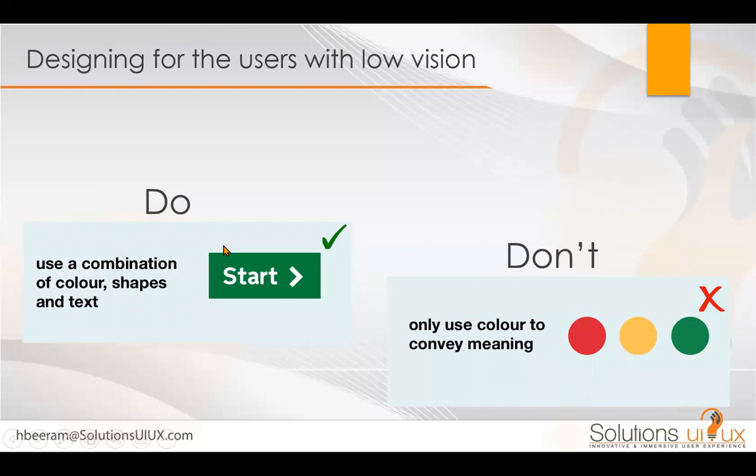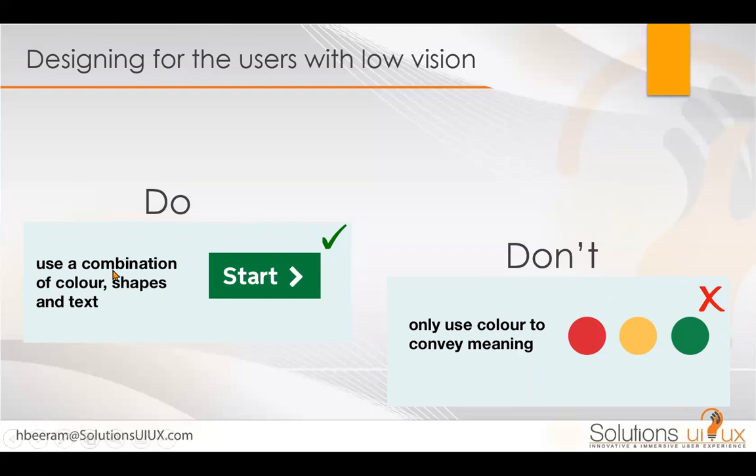Next, designing for users with low vision, in which we can use an icon, shapes and color. Using a combination of color, shape, and text, right? This is much more eye friendly, easy to understand. Sometimes they don't even have to read the text. They can just rely on the icon. It's going to the next, or it's going to get started with the application, whatever it is.